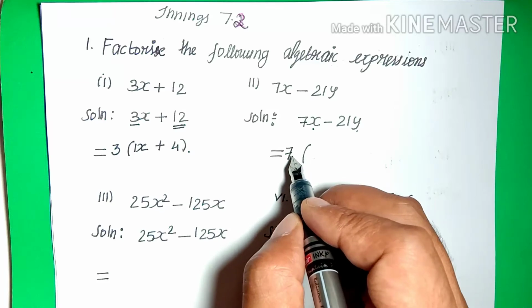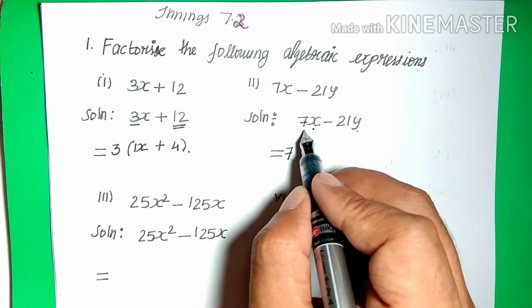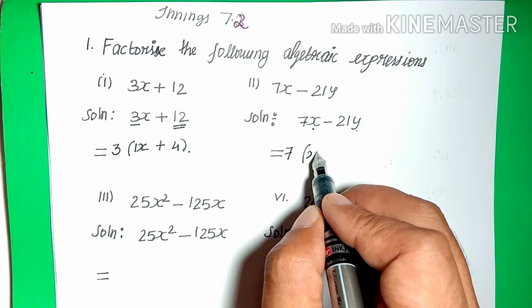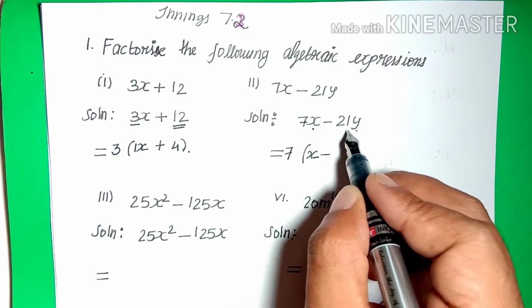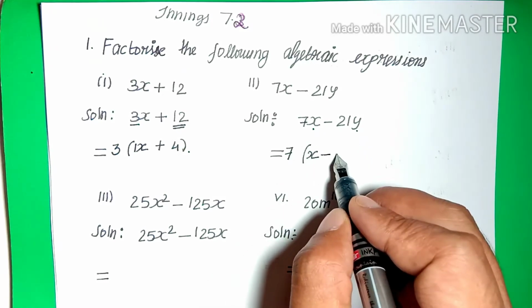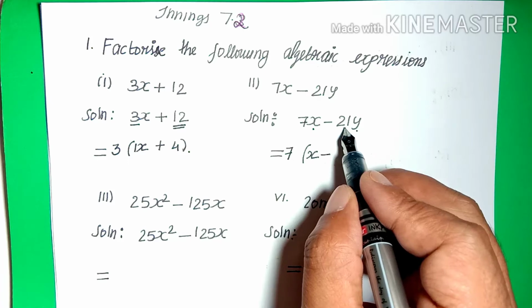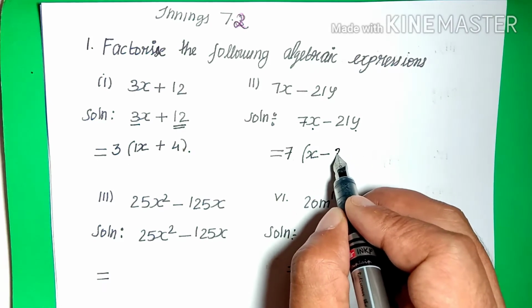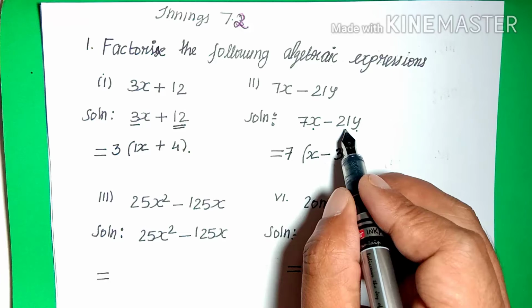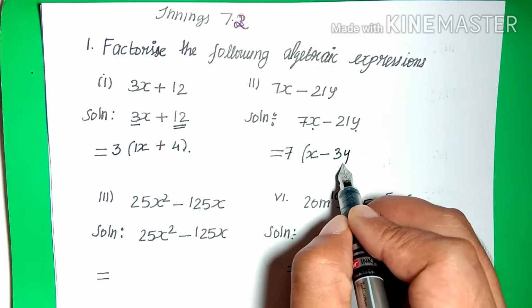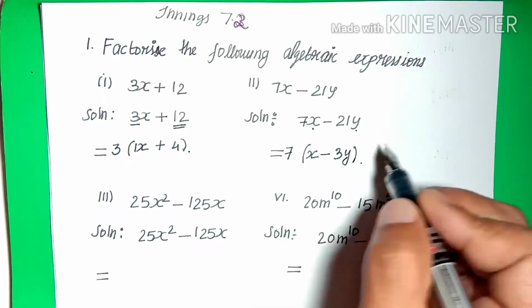After taking 7 as common, from the first term we are left with the variable x, minus, now 7 into how many times equals 21? 7 into 3 equals 21. Then the variable y will be left out.